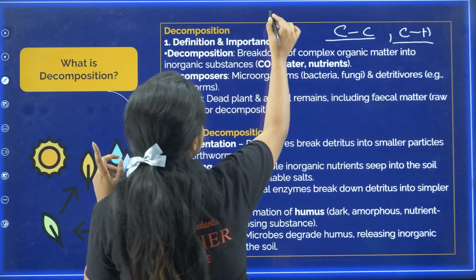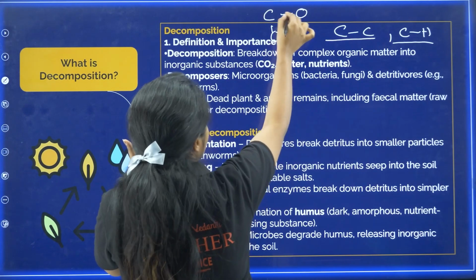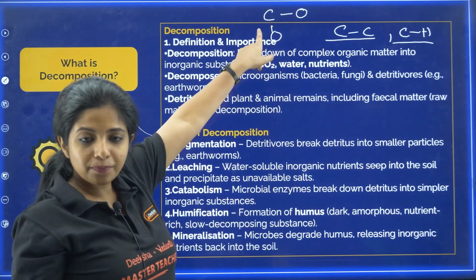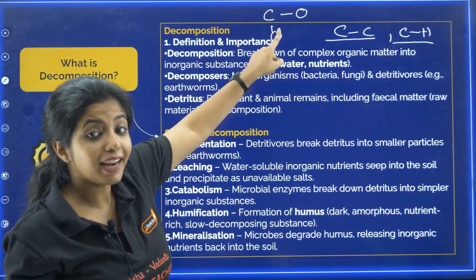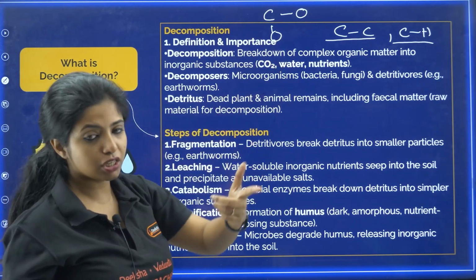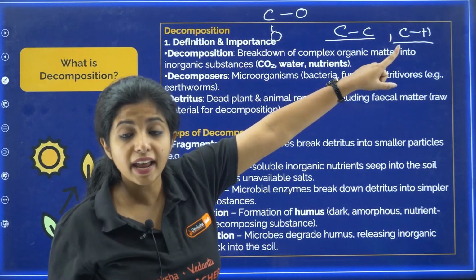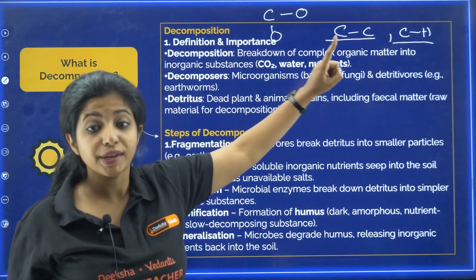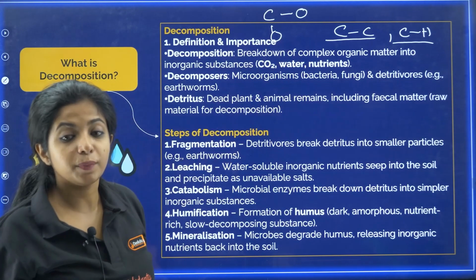I'll give you a question. CO2, my dear children, there are two O's over here. Tell me, is it an inorganic thing or an organic thing? Let the question be, I'll tell you the answer for this. Next, you should be answering it. So, CO2 does not have a C-C bond, nor does it have a C-H bond, which is why this will be inorganic.